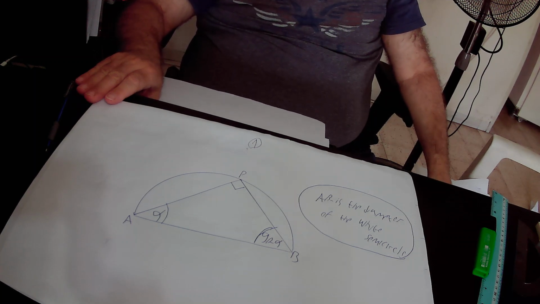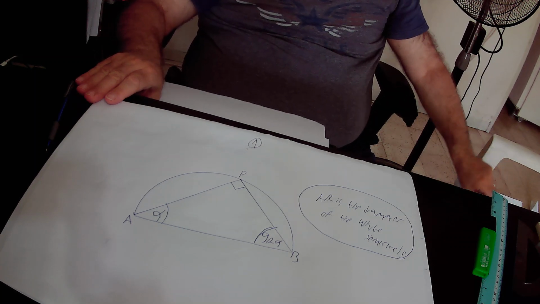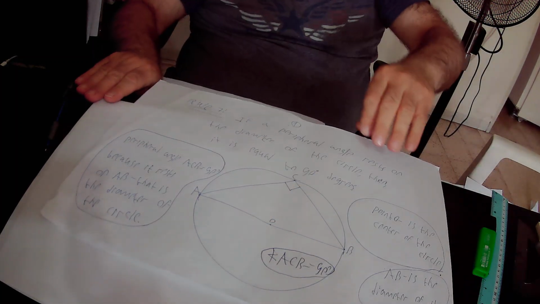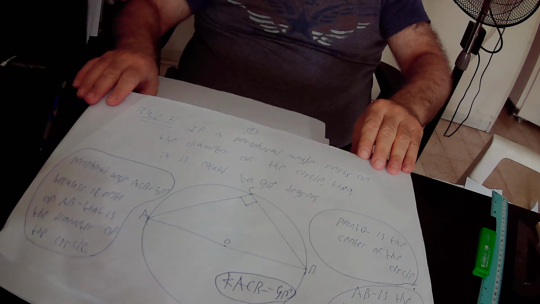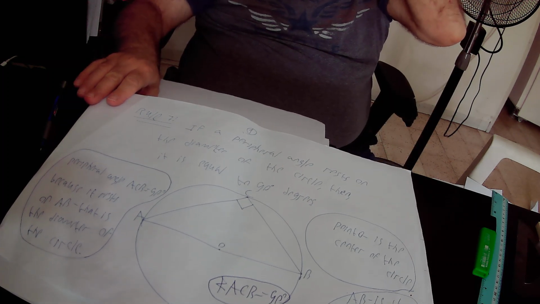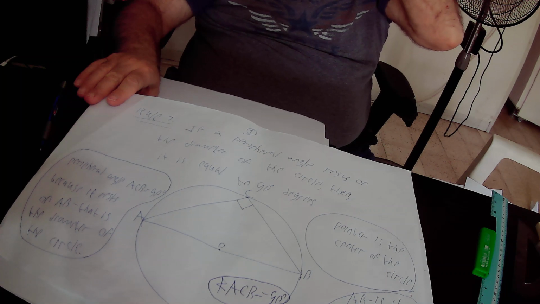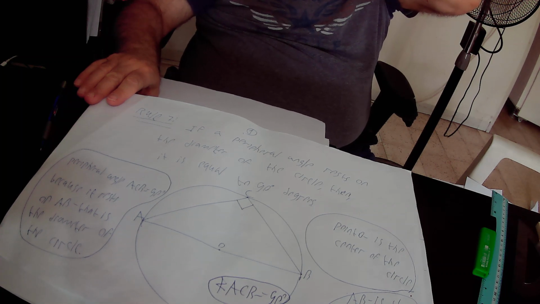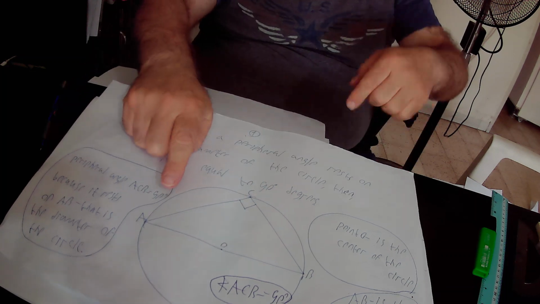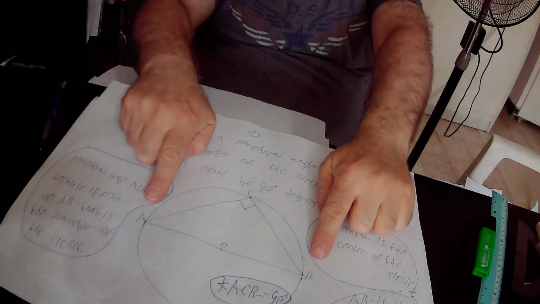I repeat quickly rule 7. According to rule 7, if a peripheral angle is subtended on the diameter of the circle, it must be equal to 90 degrees in its size. So here we have a circle, and this is a line segment AB.